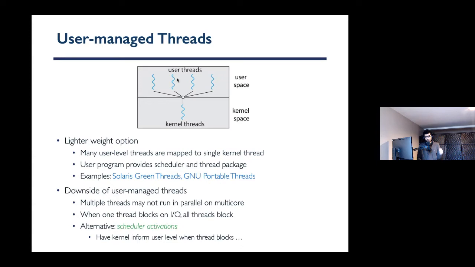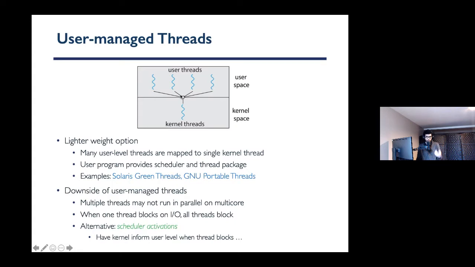The first one is that, what happens if you have a multi-core processor? Now, the entity that allocates cores is the kernel. From the kernel's point of view, all of these threads are only one thread, and the kernel has no incentive to allocate multiple cores to one thread.